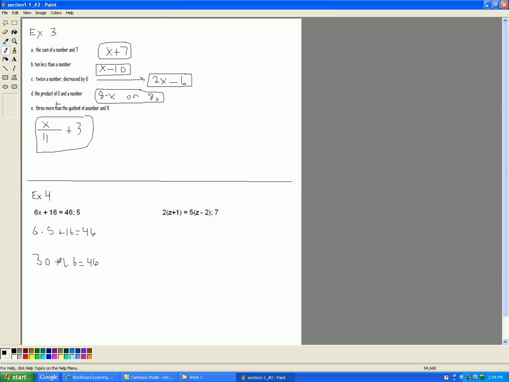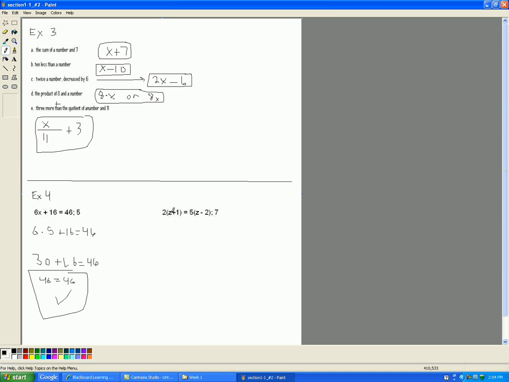Let's go ahead and complete this. 30 plus 16 is 46, is equal to 46. So that tells us that this is a true statement. So this is good. We'll go ahead and circle that and say good.